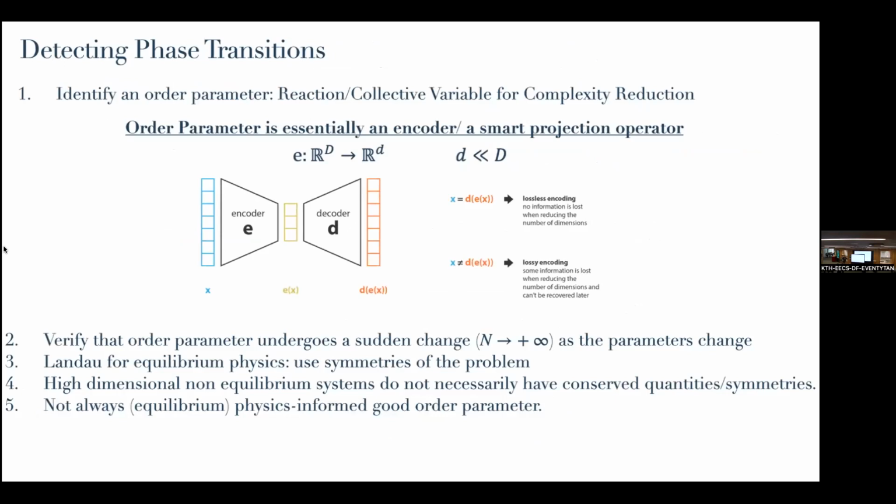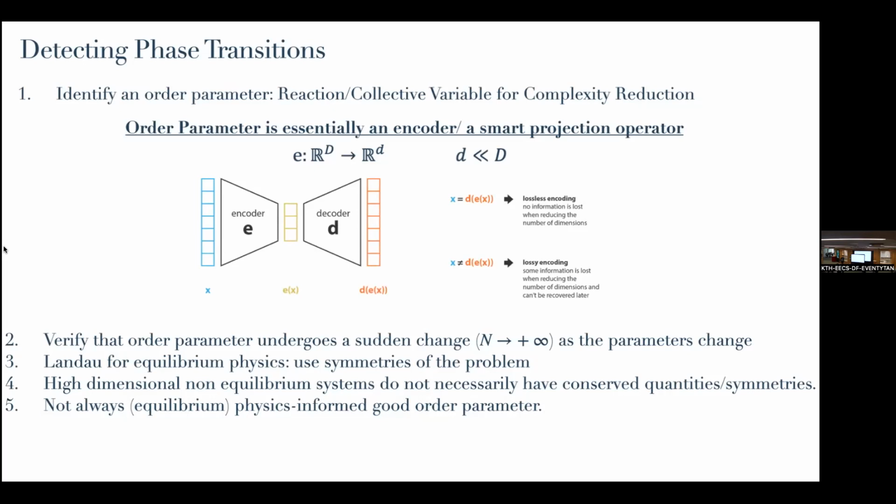So the question was, how do we detect phase transitions in general systems? Basically, the first thing you need to do is identify an order parameter. An order parameter is basically just a collective variable that you use for complexity reduction. Basically, an order parameter is an encoder that takes the full state of the system and projects it down to some kind of reduced and hopefully optimal description of the system.